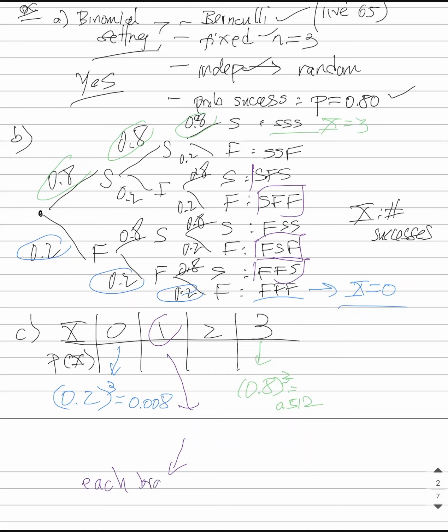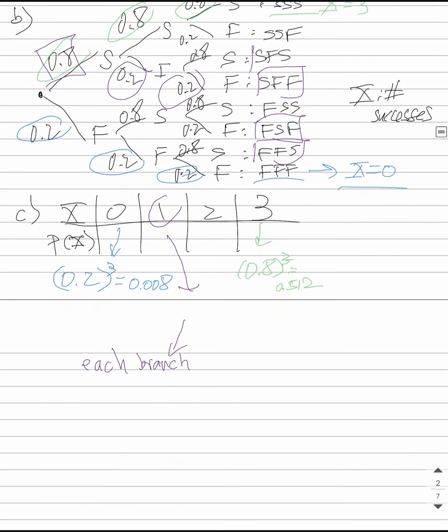So in each branch of the situation where I have one success, there is only one value of 0.8, and there are 2 values of 0.2. So each branch here has a 0.2 to the power of 2 multiplied with a 0.8 to the power of 1. But there are 3 of these branches.